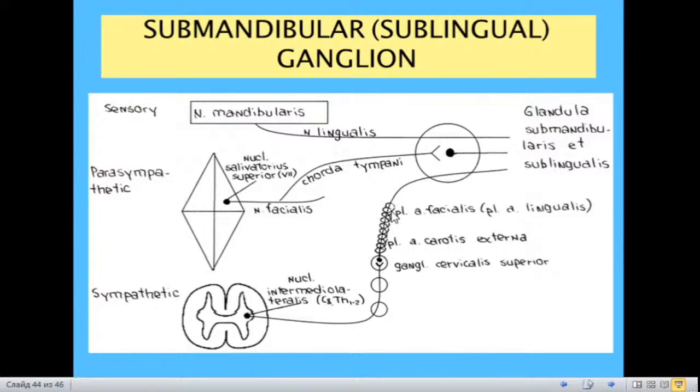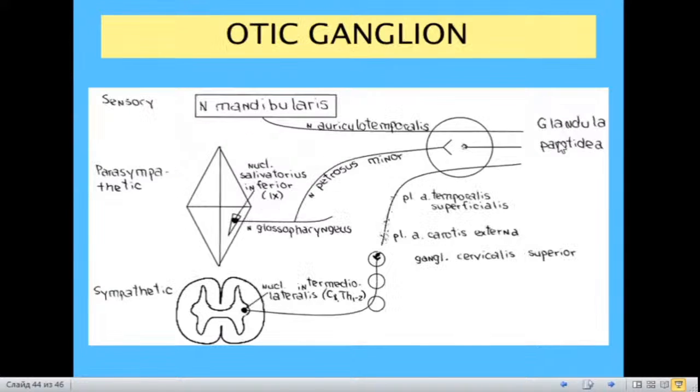If we talk about the submandibular ganglion and gland, we mention arteria facialis. In case of the sublingual ganglion with the sublingual gland, we have to mention arteria lingualis. And fibers arising from this ganglion supply the respective gland.